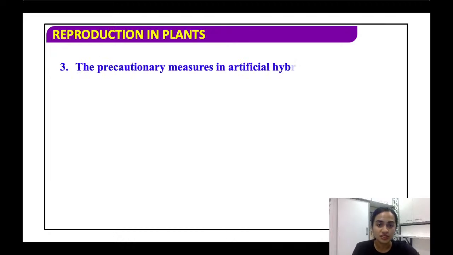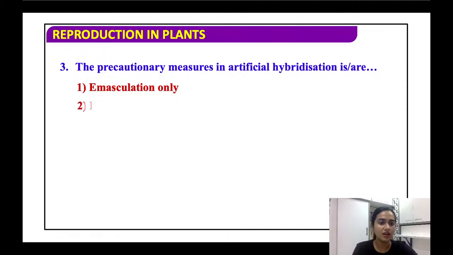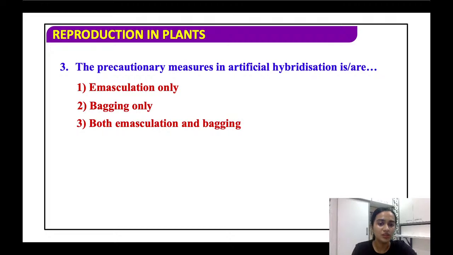The precautionary measures in artificial hybridization are: emasculation only, bagging only, both emasculation and bagging, rebagging only. So the precautionary measures include both emasculation and bagging. Actually, rebagging is also a point, but the most relevant one here is both emasculation and bagging, since the next option states rebagging only, and that is not right.